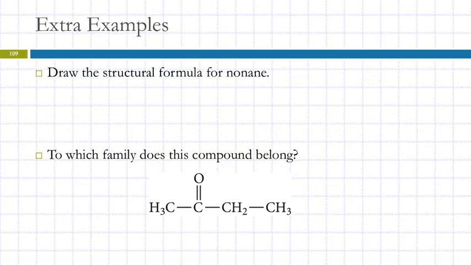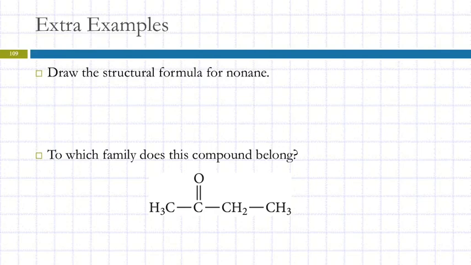Okay, so this first one is one we should be able to do. Draw the structural formula for nonane. There are branched versions of nonane, but we're just going to do straight chain things. So nonane has how many carbons in it? 9. The prefix non means 9.